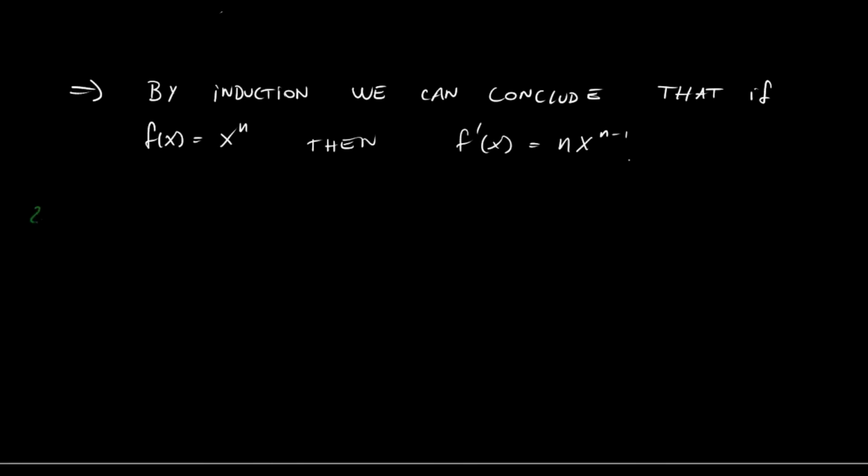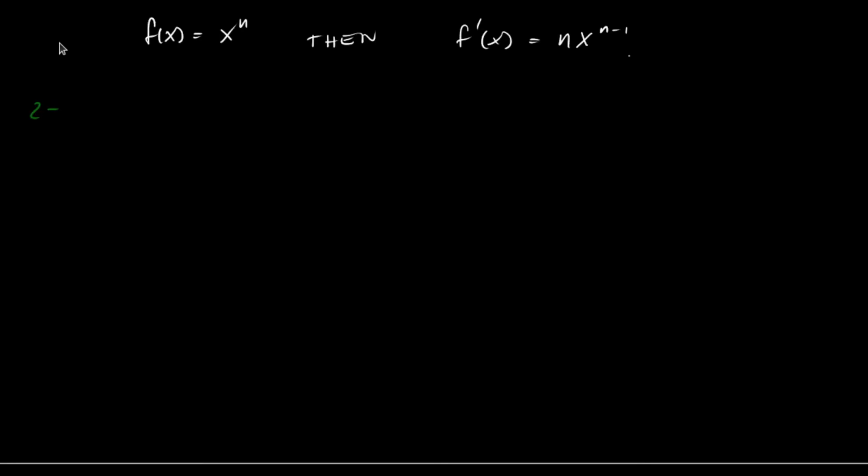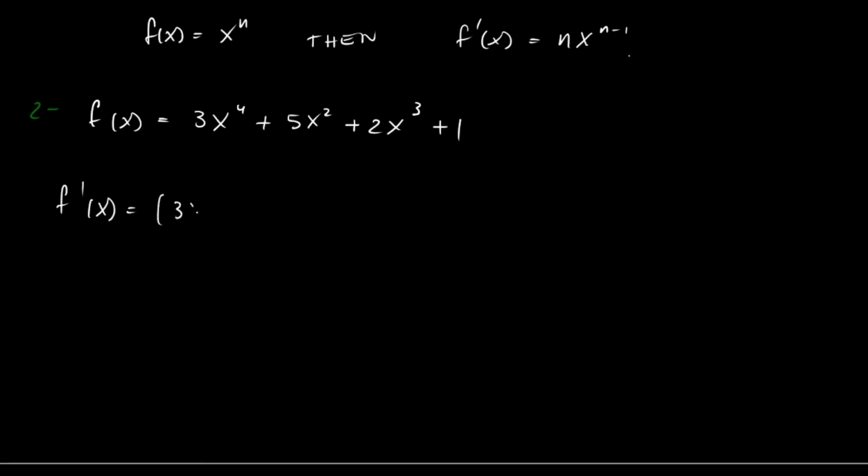Now for the second example, we're going to be using all the properties we know so far to find the derivative of a polynomial, that is, f of x is 3x to the power 4 plus 5x squared plus 2x to the power 3 plus 1. Let's calculate f prime, that is the derivative of this polynomial.